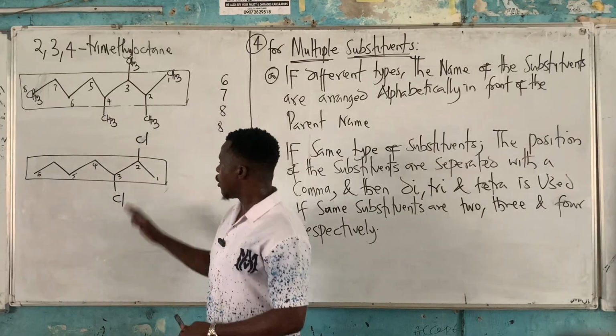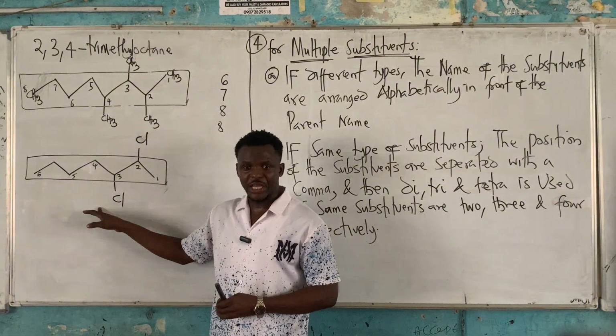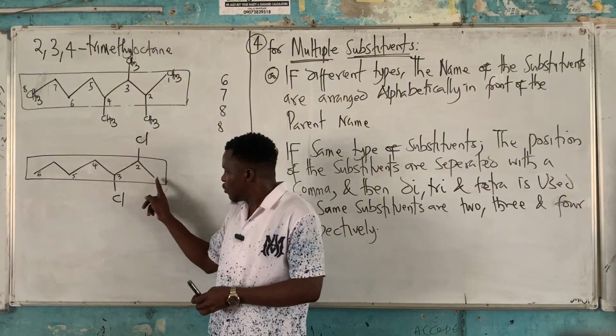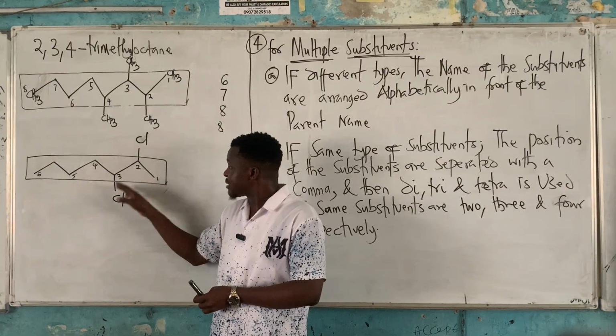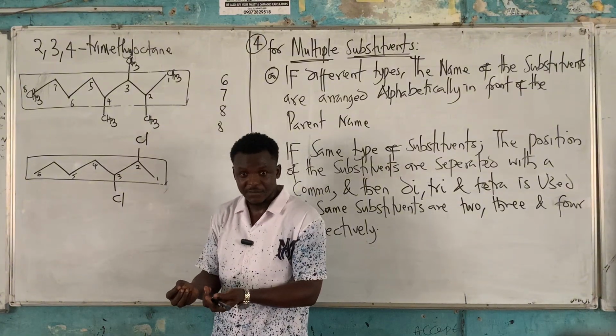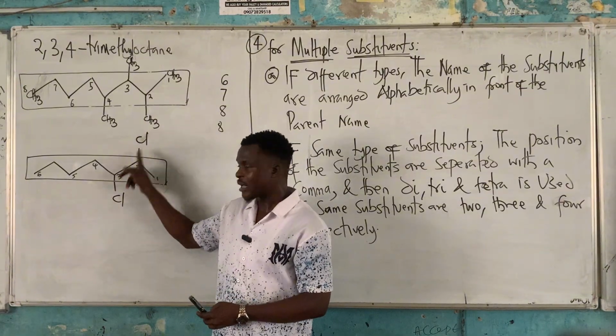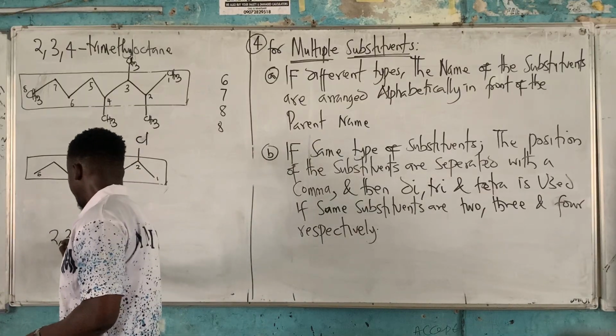Class, I'm numbering it from this side because I already know that this side will give us the smallest number, because these substituents are closer to this end. Since the substituents are closer to this side, if I start numbering it from here, this guy will give us the smallest number. Right? Carbon 2 we have chloro. Carbon 3 we also have chloro. So since there are 2, I will say 2, 3.